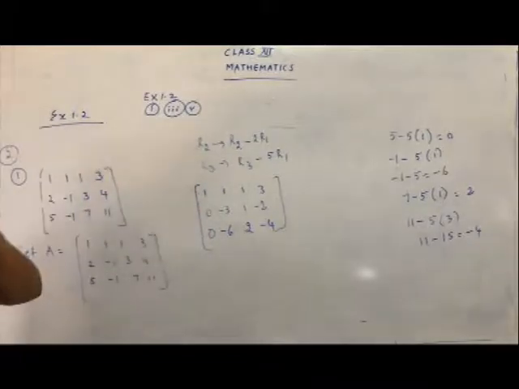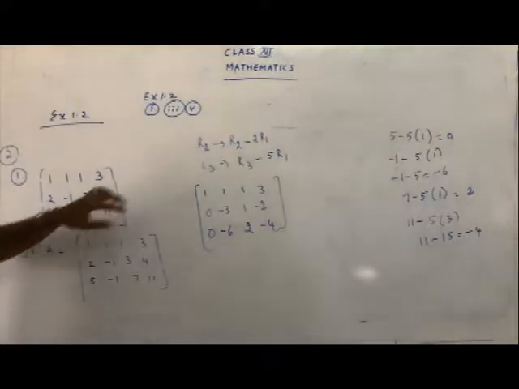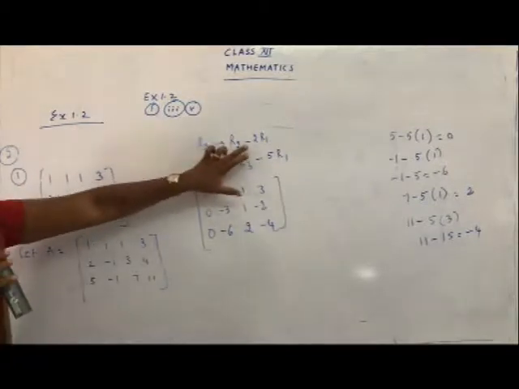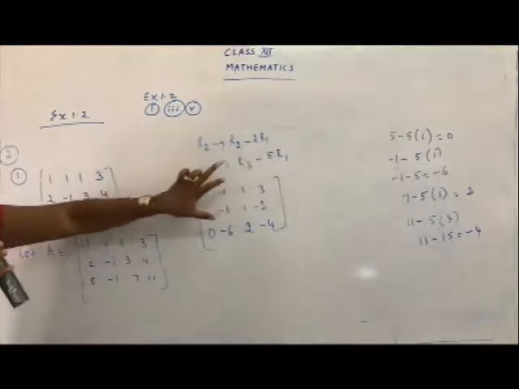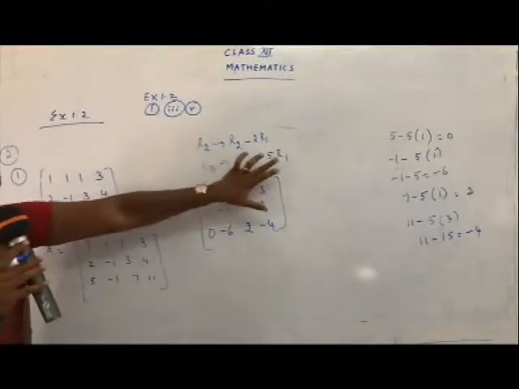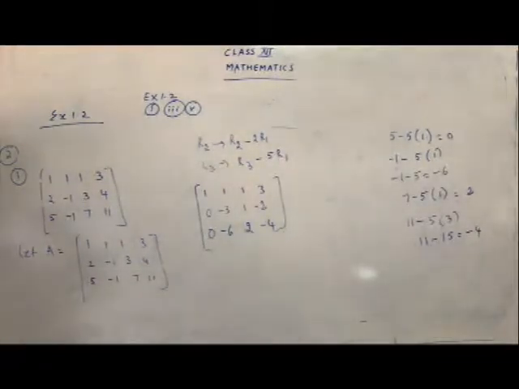Using the elementary transformations of rows and columns. R2 is changed as R2 minus 2 R1 and R3 is changed as R3 minus 5 R1. So follow the steps carefully. We have completed the first part, that is, we have brought 2 zeros under the first element.